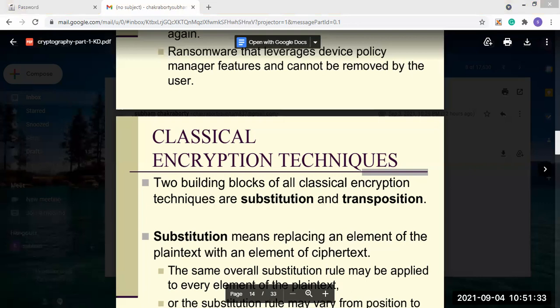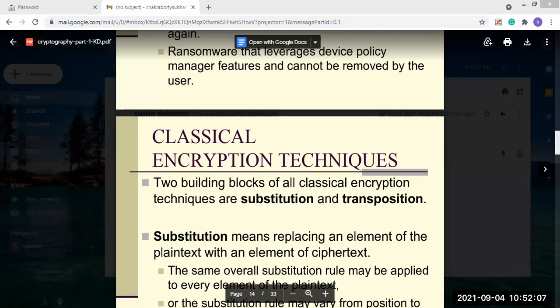Now substitution means replacing an element of the plain text with an element of the cipher text. The same overall substitution rule may be applied to every element of the plain text, that means the characters in the plain text are replaced by the characters of the cipher text.